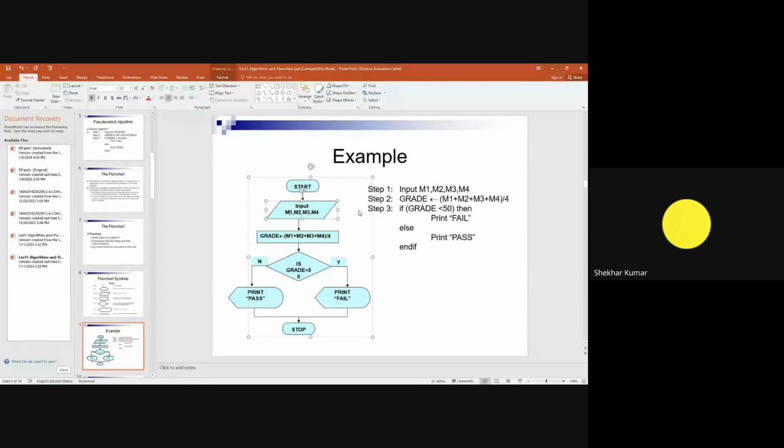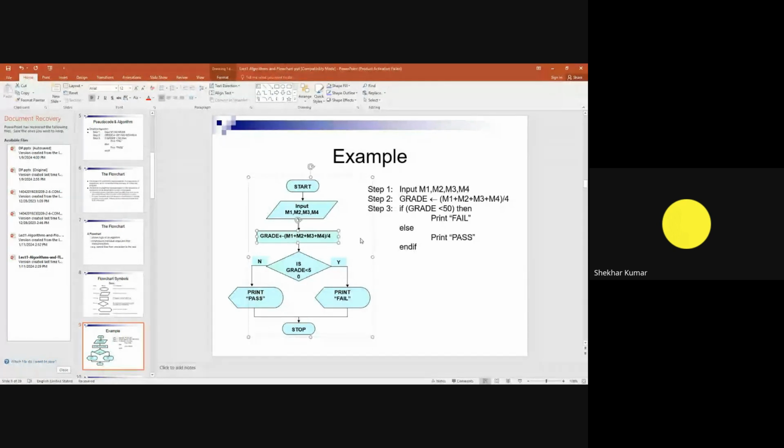Then I am doing some processing on the data. I am calculating the grade according to the summation and division. We are performing 2 operations here, the sum operation and the division operation. So I used this rectangle here for the processing of the data.